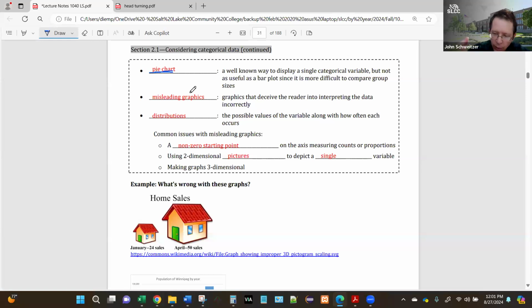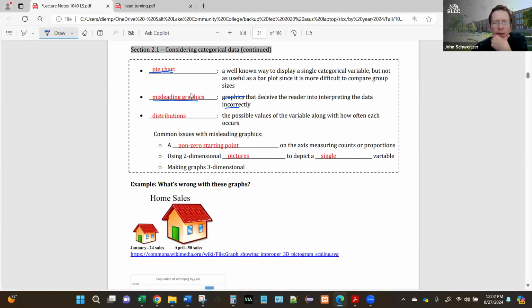If you're doing research, you don't want to mislead other people, and if you're reading research done by others, you don't want to be misled yourself, right? So we're going to look at what are called misleading graphics, things that can go wrong and either intentionally or unintentionally confuse people. These are graphics that deceive the reader into interpreting the data incorrectly.